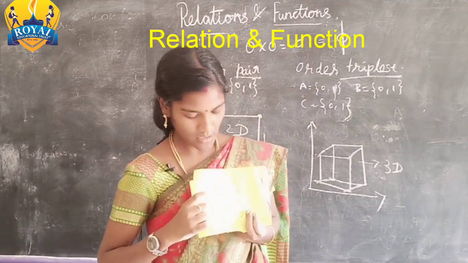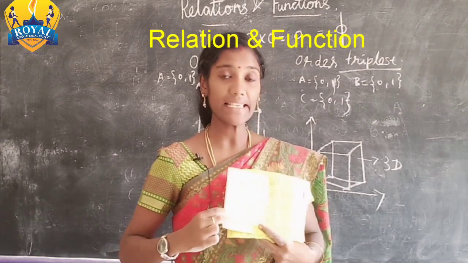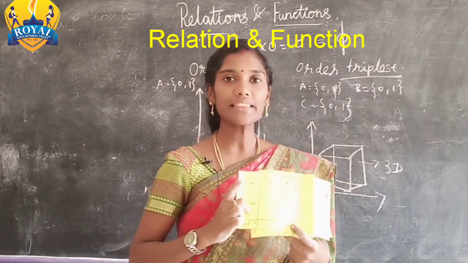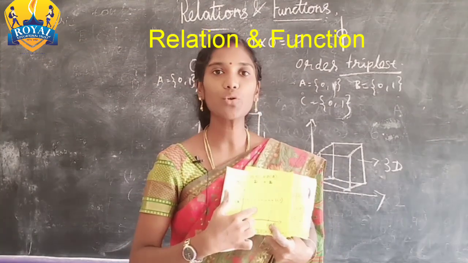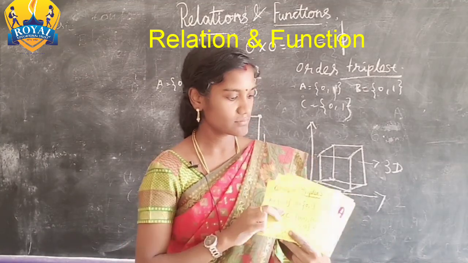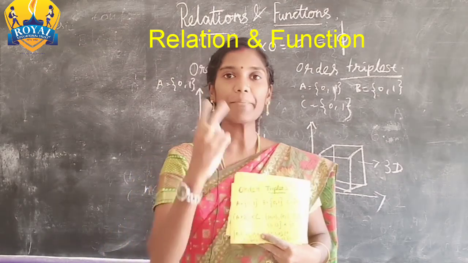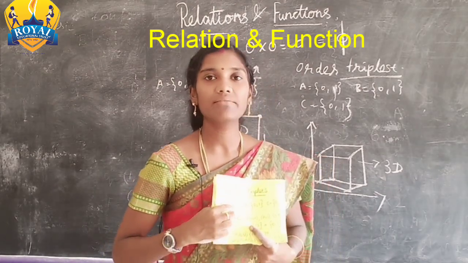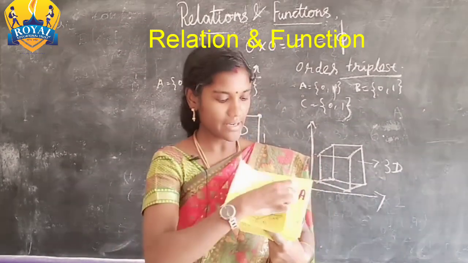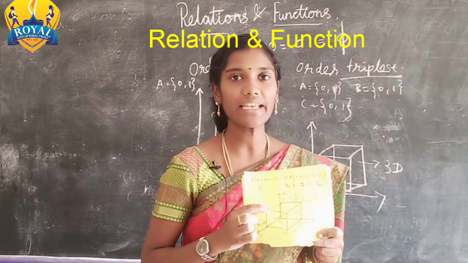An ordered pair means the pair contains two elements. In the Cartesian plane it makes a 2D shape; 2D means it has only two points. Ordered triplets have three elements or three points. In the Cartesian plane, ordered triplets make a 3D shape.